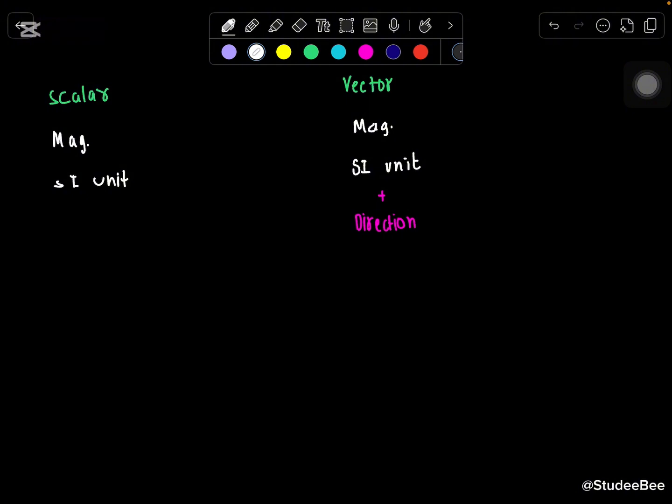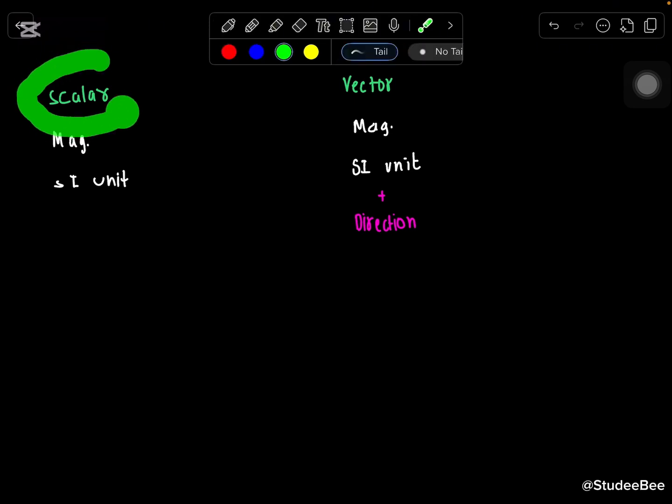But if I told you that a car is moving at 40 kilometers per hour due north, if I specified the direction, that would become a vector quantity, and we have another term for it that I will mention in a few minutes. So now, hopefully, you know the difference between scalars and vectors.